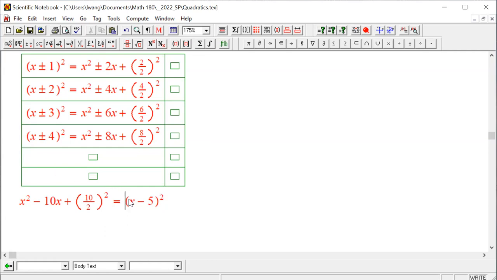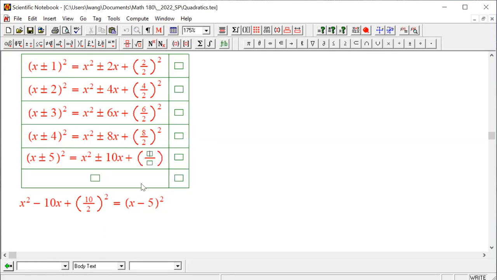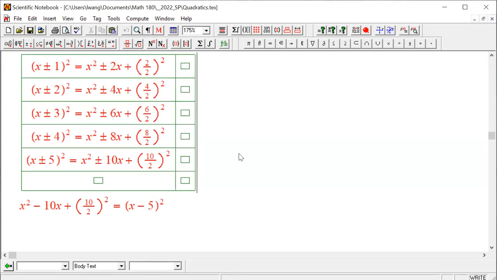Here you see x plus minus 5 squared equals x squared plus minus 10x plus, always plus, we take the 10 divided by 2 squared. So that's the pattern.